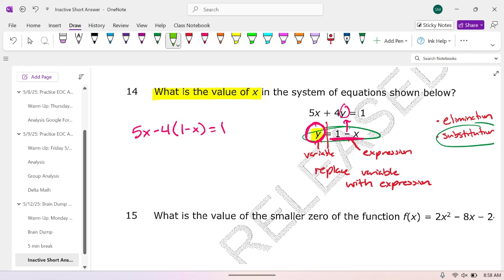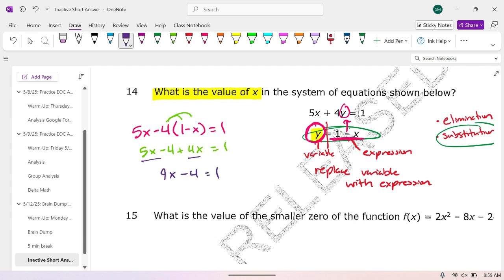What's my first step? Distribute. So I get 5x minus 4 plus 4x equals 1. What's my next step? Combine like terms. So I get 9x minus 4 equals 1.